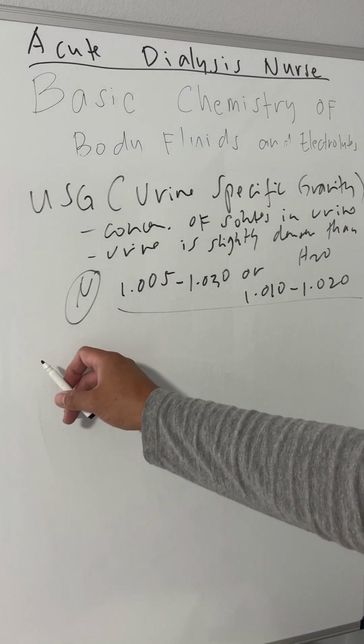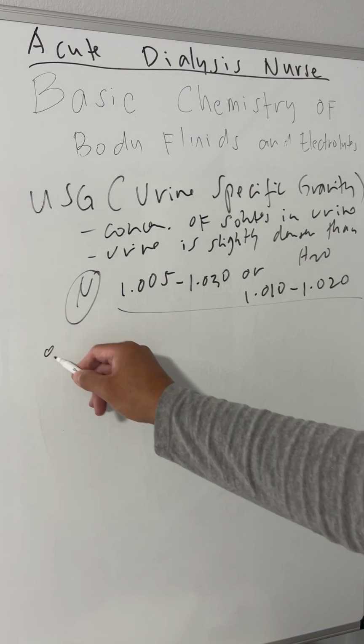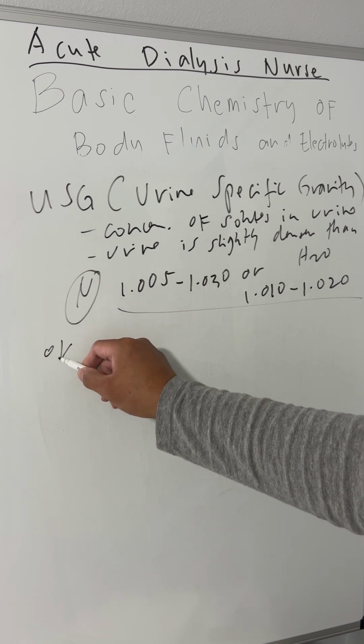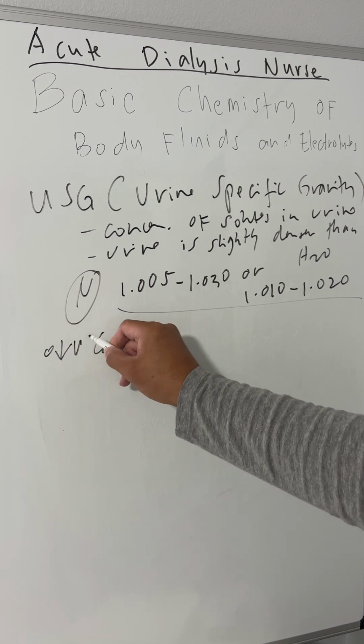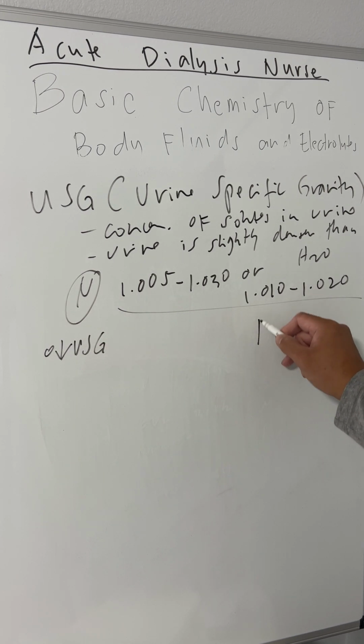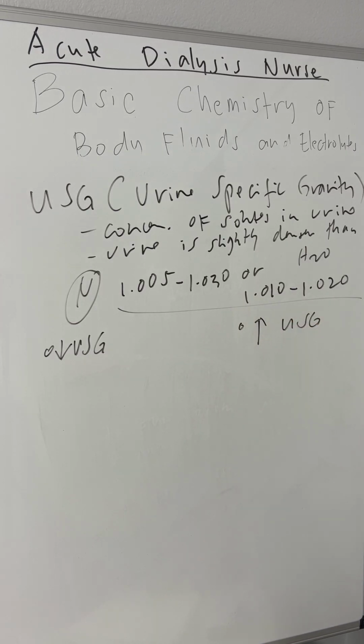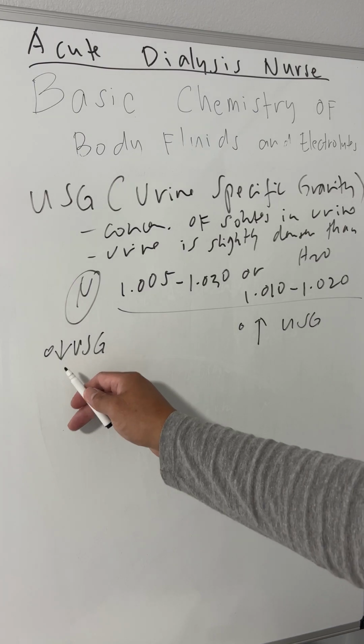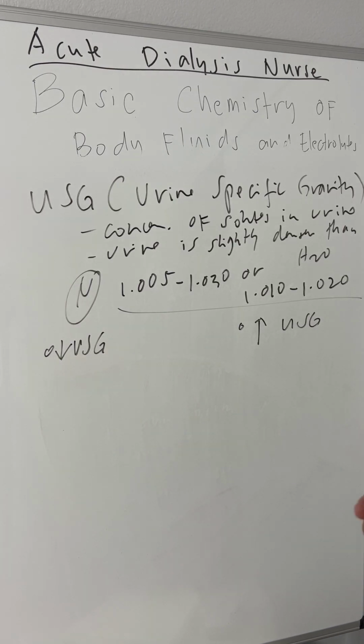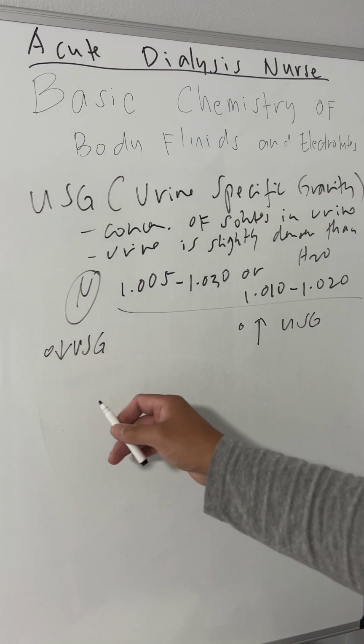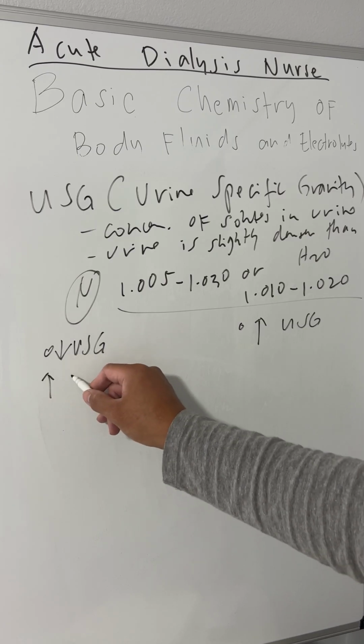So what does the value indicate? For low USG and high USG, let's go with low USG. Low USG means you have high water intake.